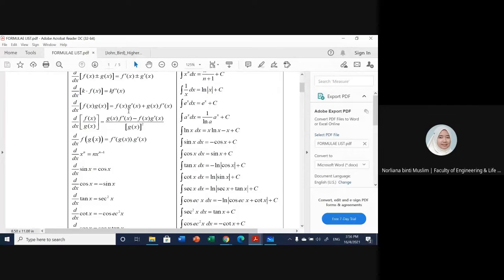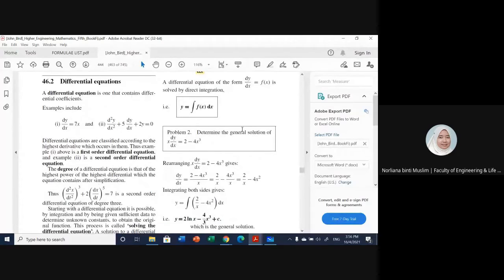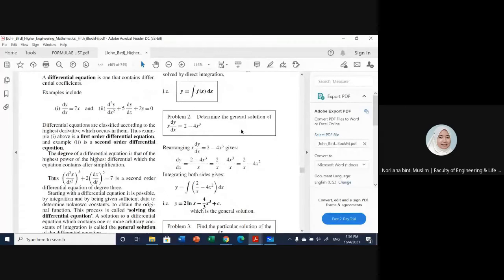If you need to do a special method, special methods or special techniques of integration, we are now considering the integration methods. If I call it a special method, it means that you need to apply special techniques to do the integration.